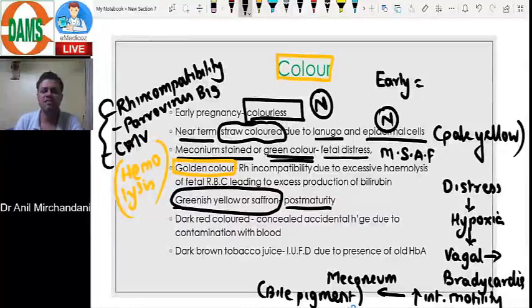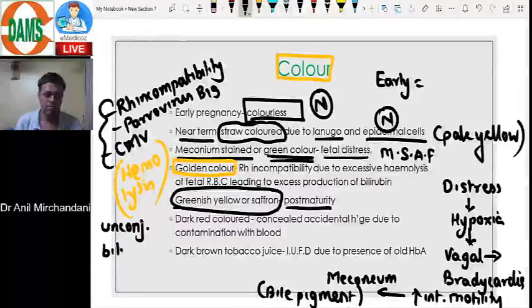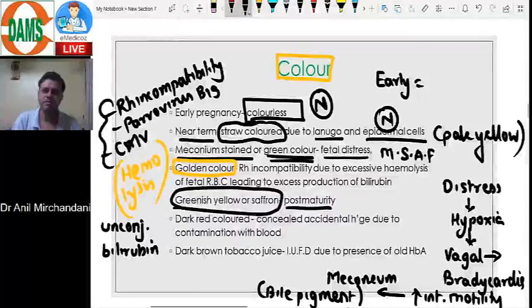There will be hemolysis, and what will hemolysis do? Hemolysis will create unconjugated bilirubinemia, which is actually giving the golden color. Unconjugated bilirubinemia.